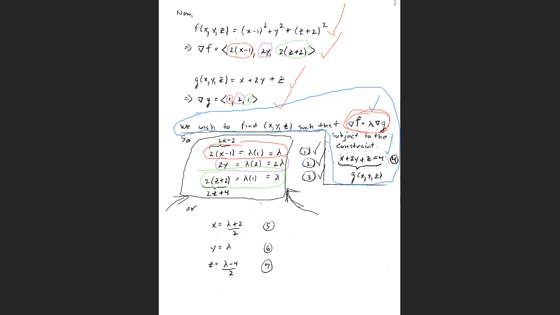What's the fourth equation? I have my three Lagrangian equations here. Where am I going to get my fourth equation from? So I've used this up. I've done gradient of f equals lambda times gradient of g, and I've gotten three equations from there. But where am I going to get the fourth equation?